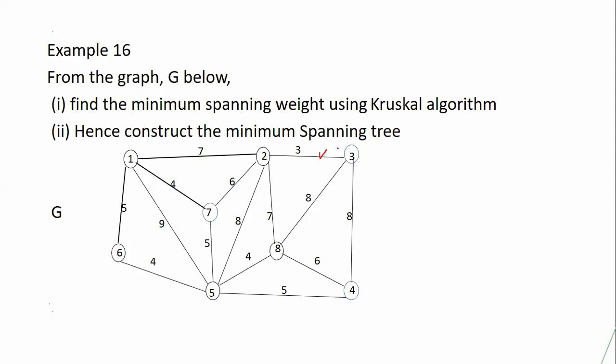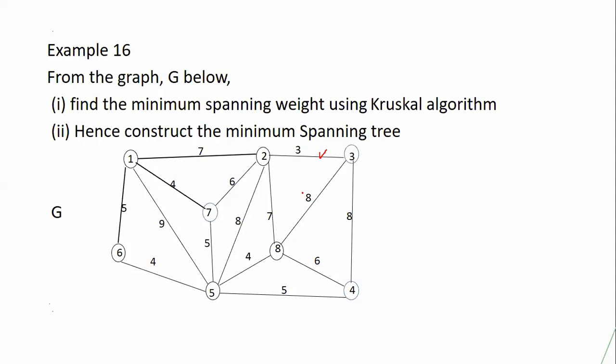Now, at the ends of the edge 2, 3 here, we have the 3 here with the adjacent vertices being 8, 4, and you have the weight 8, 8.